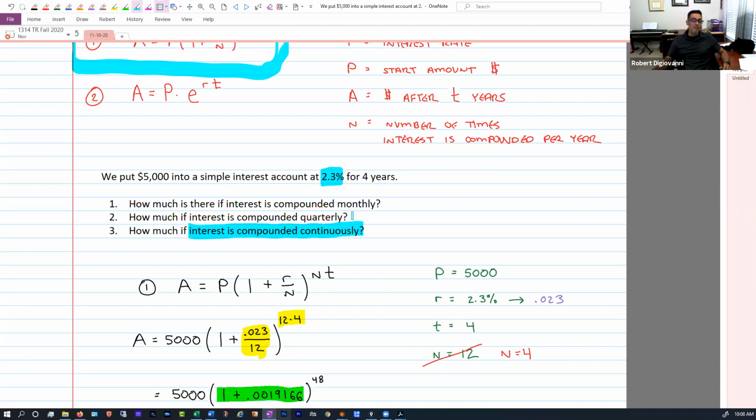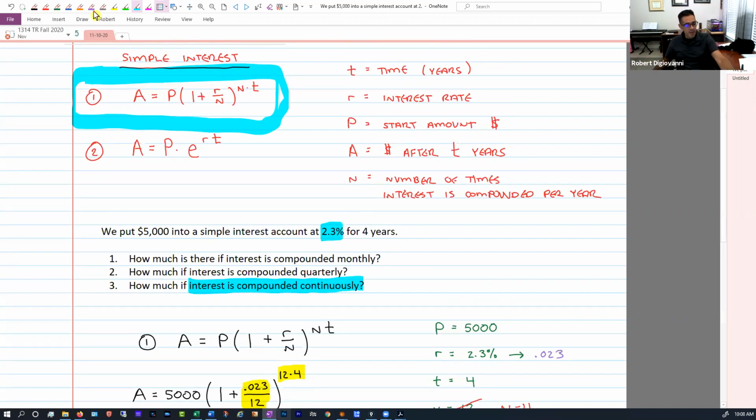However, there is a formula that will do that for us. And that's this formula right here. The indicator that you need to use this formula is the word continuously. As soon as you see the word continuously, you know you're going to that formula. We only do the other formula when they tell us how many times it's compounded, like monthly, daily, quarterly.